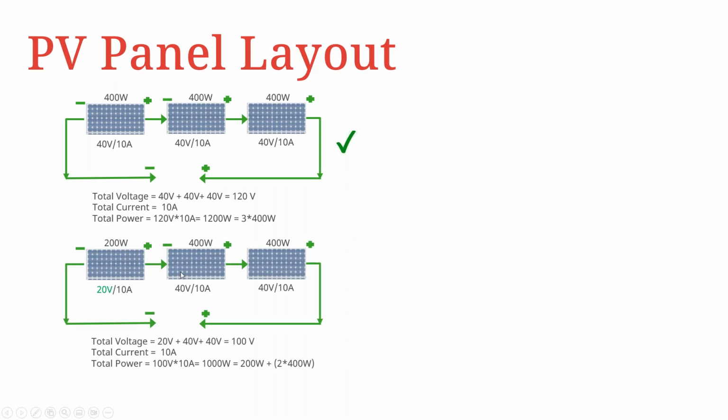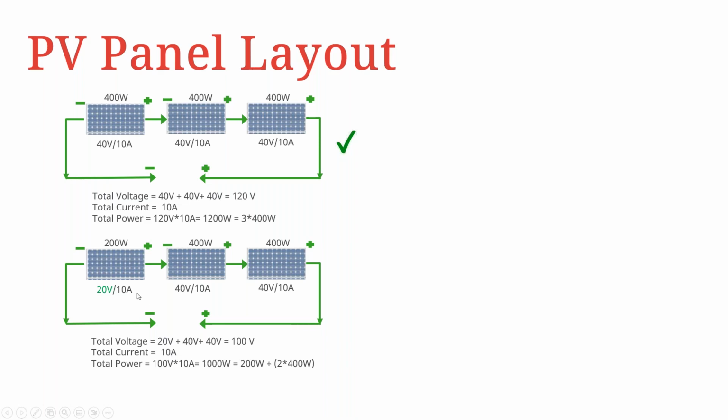Next up, we're going to look at a similar design, but with a little bit of variation. In this case, we have two similar panels of 400 watts each, and then a panel that is 200 watts, with an operating voltage of 20 volts. The total voltage, as in the first case, is going to sum up. So we have 20 plus 40 plus 40, that gives us 100 volts.